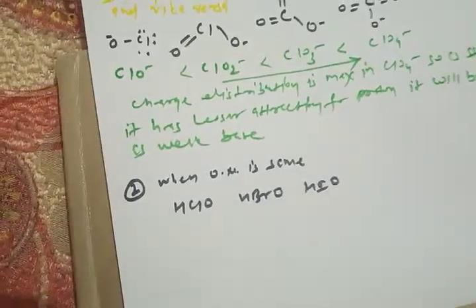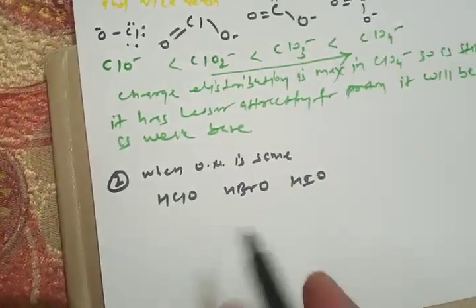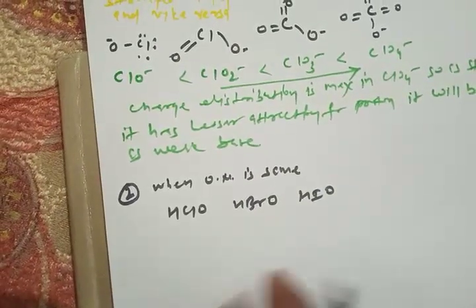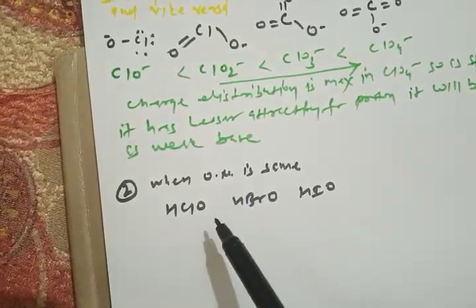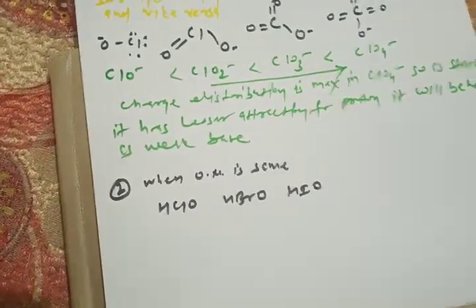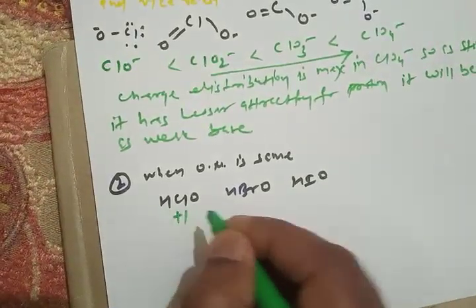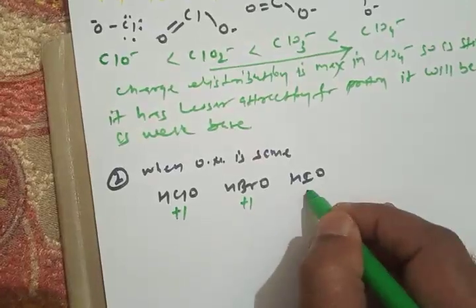I'm not doing HFO because, with its very small size, it cannot easily form. So only three. In this case, what will be the order? Here the central atoms are the halogens, and in every case the oxidation number is the same. Here the oxidation number of the halogen is +1, here again +1, and here again +1.